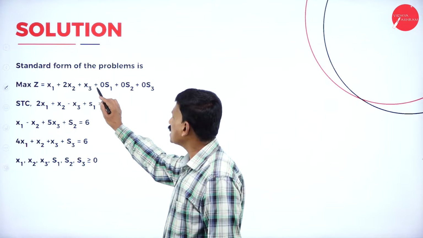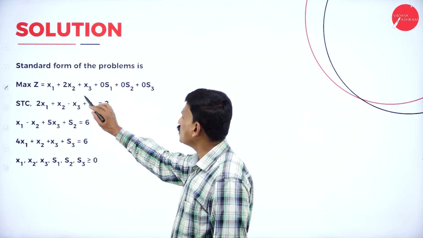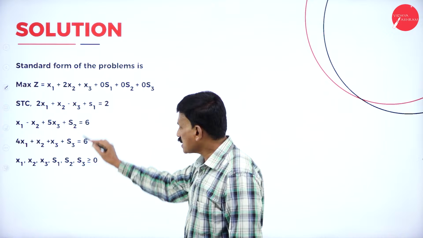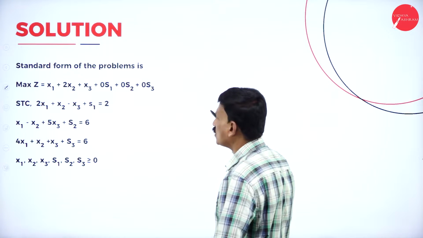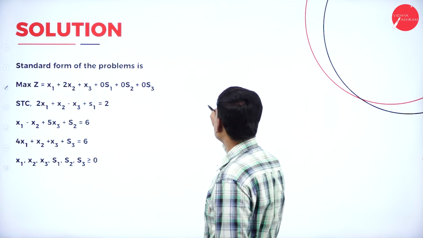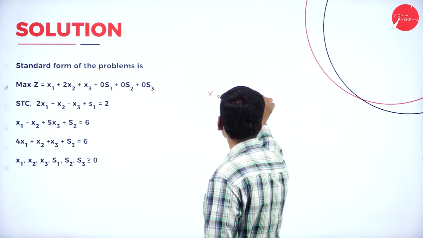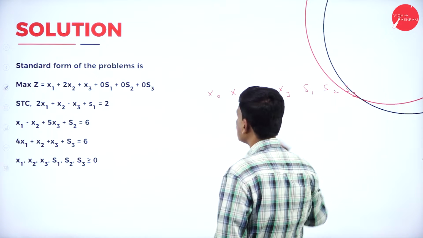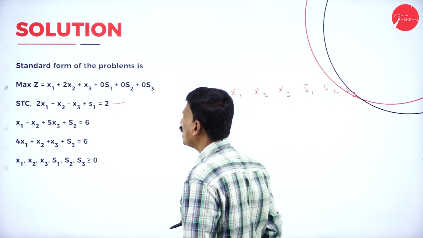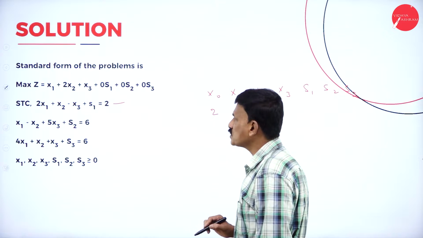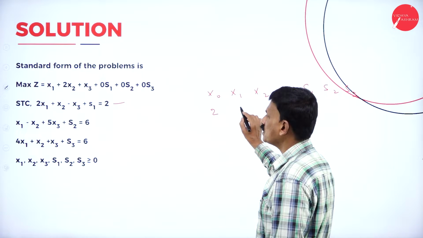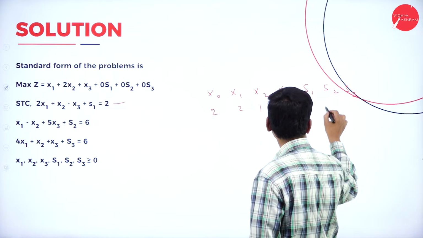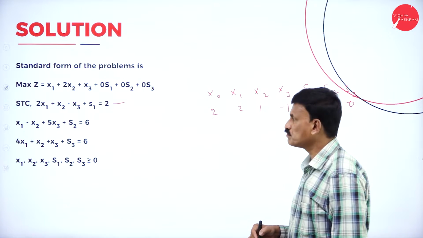So what is the converted standard form? Max of z is equal to x1 plus 2x2 plus x3 plus 0 s1 plus 0 s2 plus 0 s3 subject to the constraints. Now let us write the coefficients for the constraints. Here we have x0, x1, x2, x3, s1, s2 and s3. For the first equation, the constant is 2, the coefficients of x1, x2, x3 are 2, 1, minus 1, s1 is 1, and s2 and s3 are 0, 0.